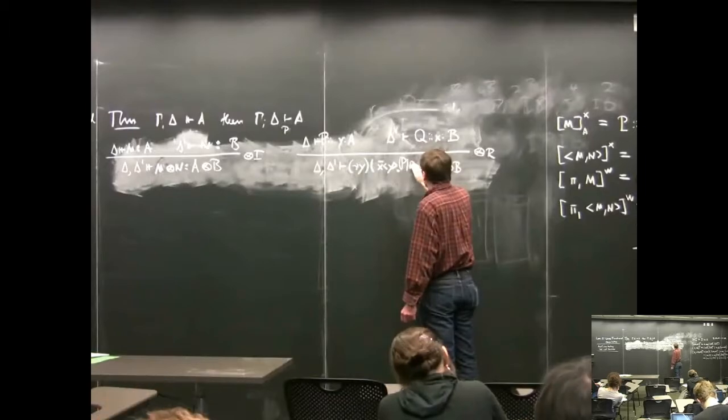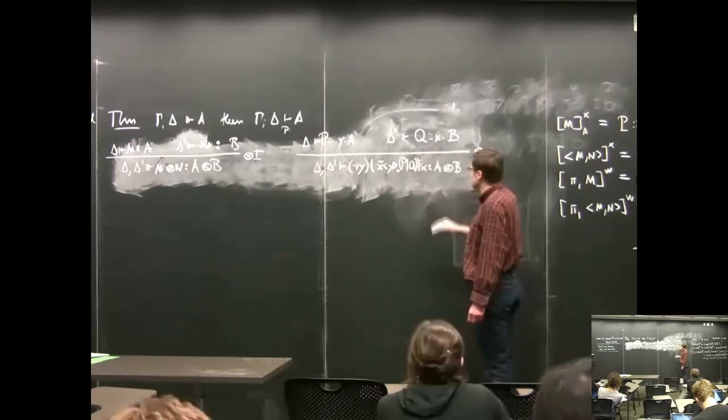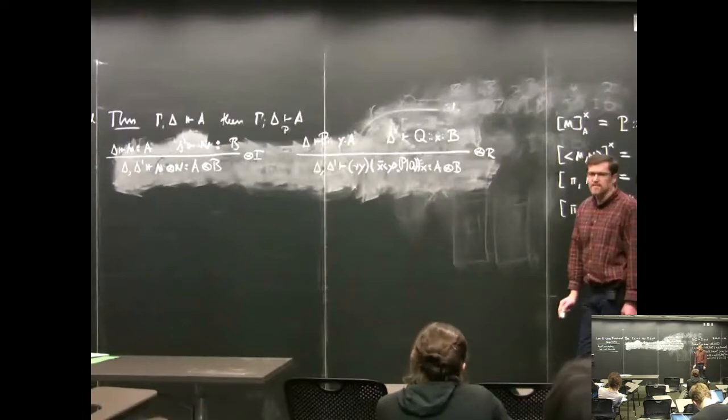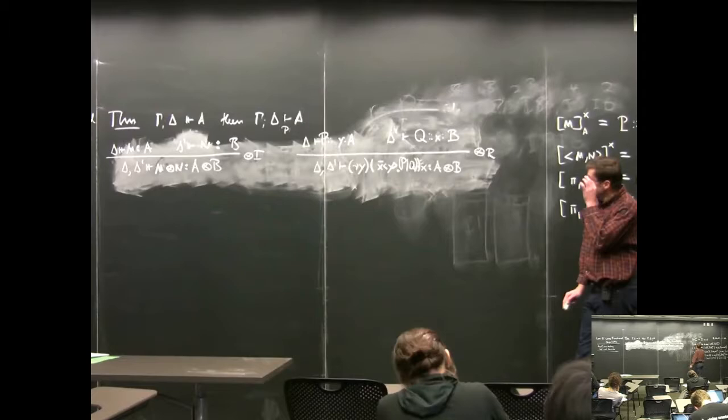So if I did this correctly, and you have to stop me if I didn't, then this corresponds to some kind of a bound output, right? Okay, so that's good.